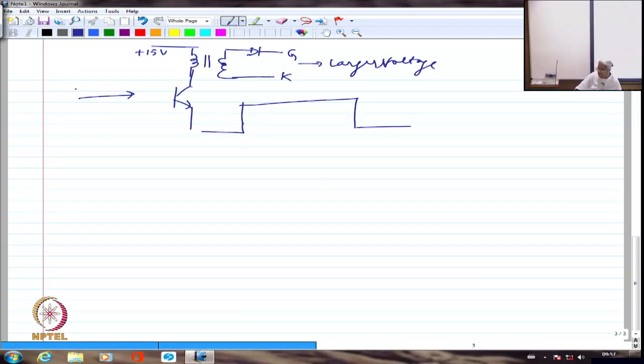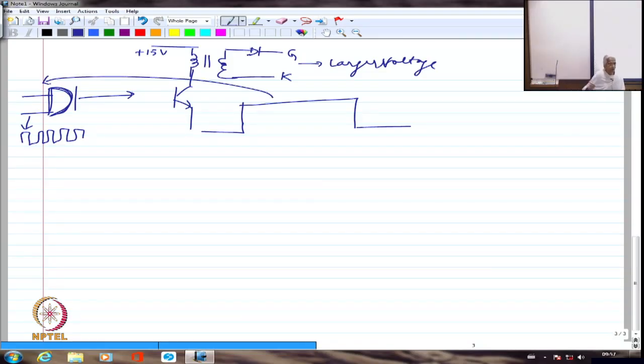That's the reason what we had done was to use an AND gate, with a clock kind of high frequency pulse given here, and this pulse given here. So what you will get here will be a train of pulses like this. And then it will be 0, again a train of pulses like this.